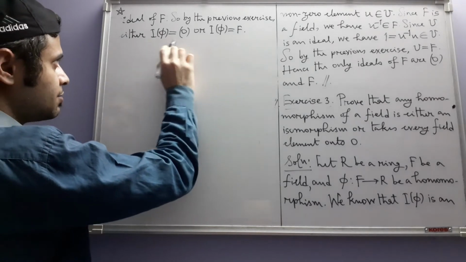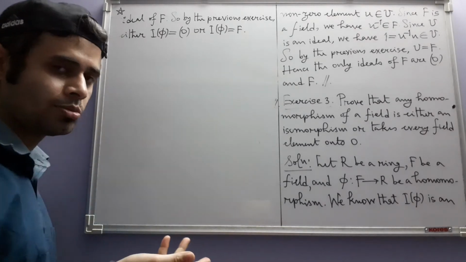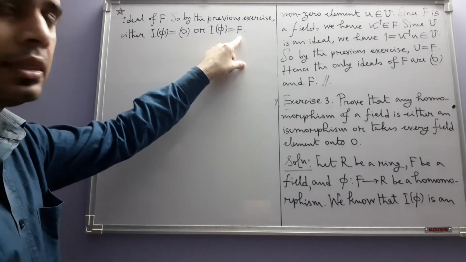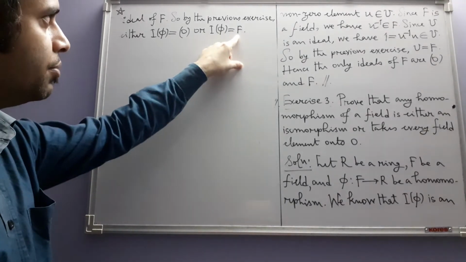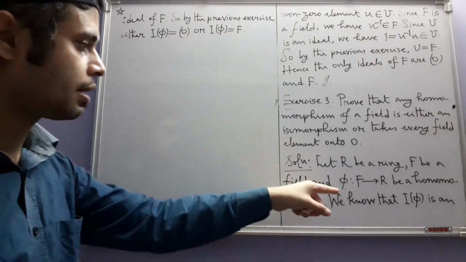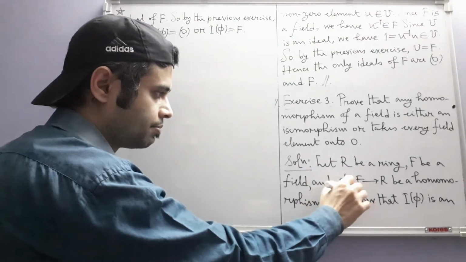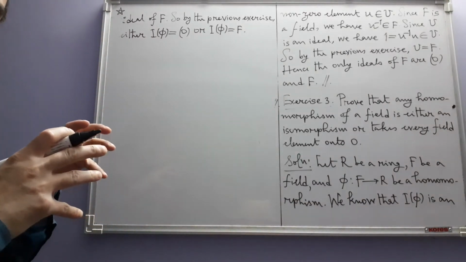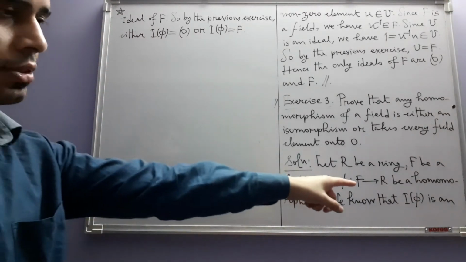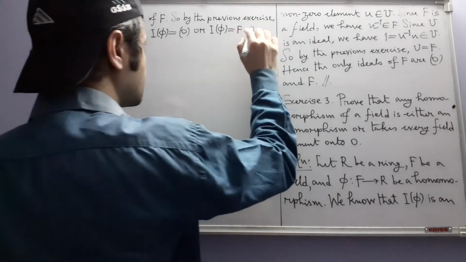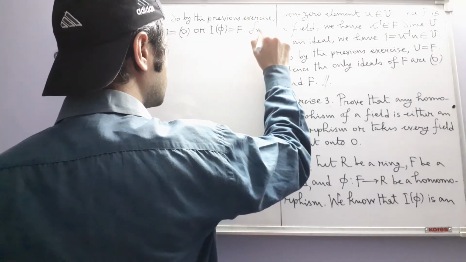So in this case, our homomorphism is an isomorphism. However, if the other thing is true, what does this mean? It means that the kernel is the whole domain F. So every element of F is getting mapped onto the zero element of R, and this is what we had to show. So we can write like this.